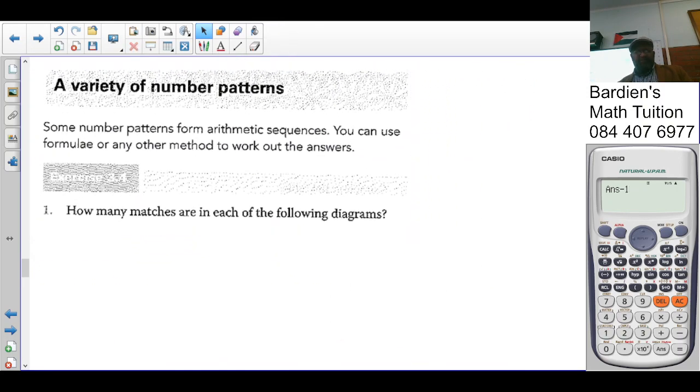So in 3.4, I want you guys to do the following. You'll do number 2.